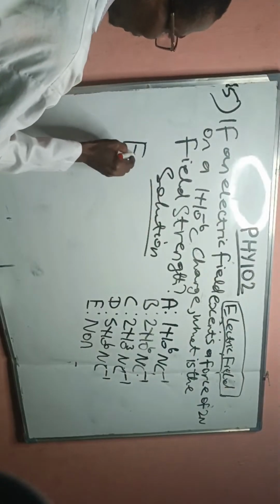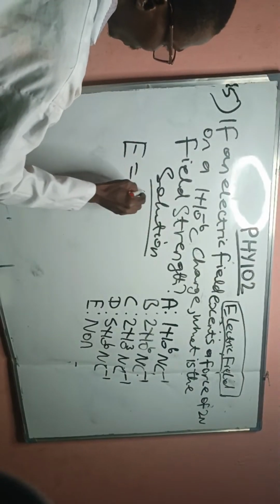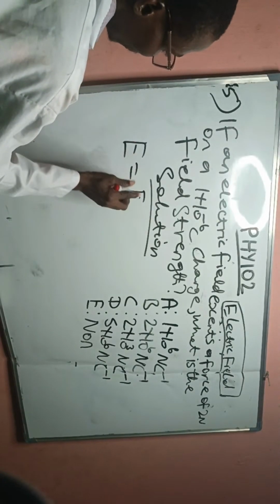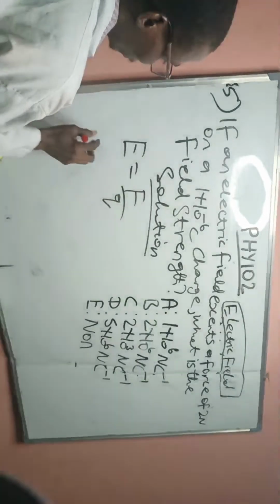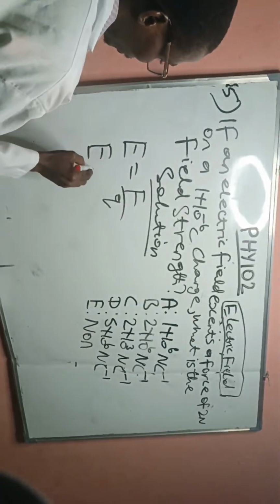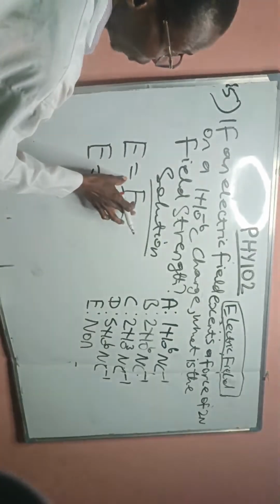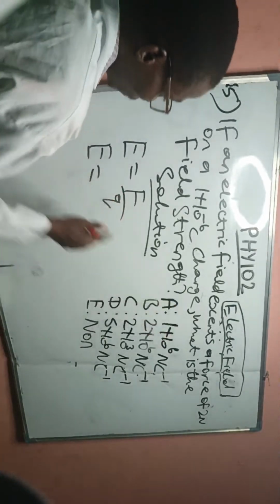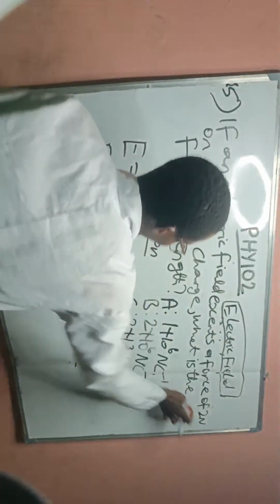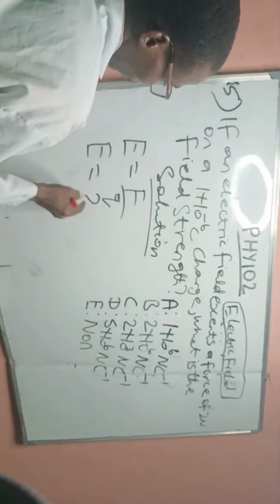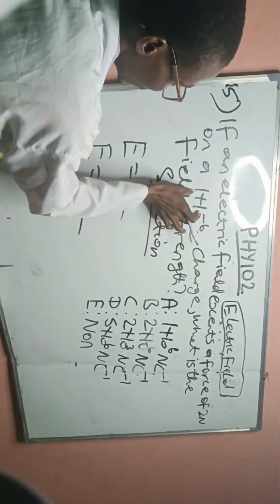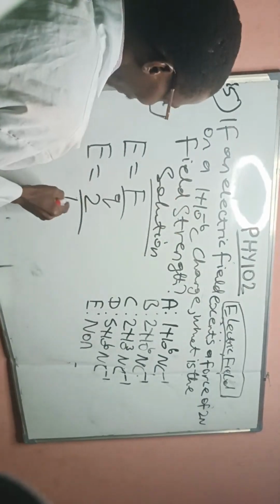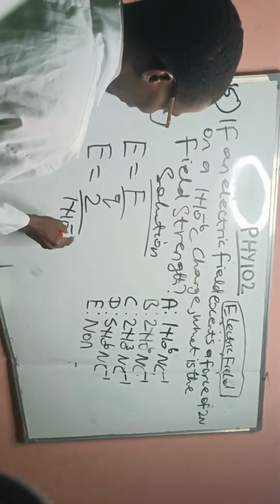Recall your formula that electric field equals force over Q. Therefore, E equals the force, according to what is given, look at it here, 2 Newton. Write 2 here all over the charge, look at it here, 1 times 10 power minus 6.